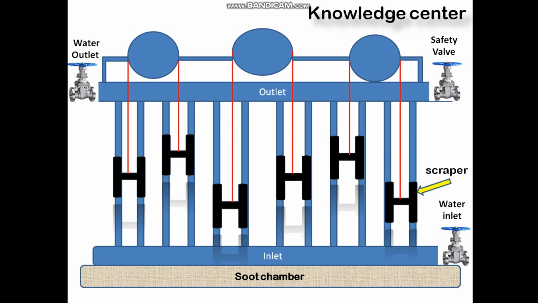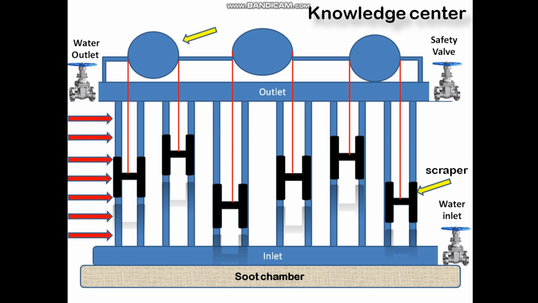With the help of the pulley and the belt, the scrapers move up and down. And this is the flue gas coming in this direction, which is going to cross the tubes, and these are the pulleys or gears.